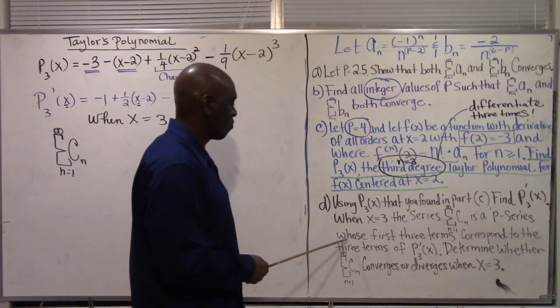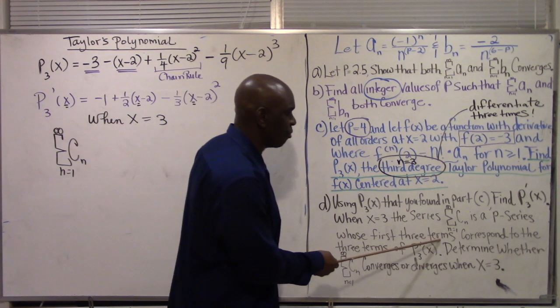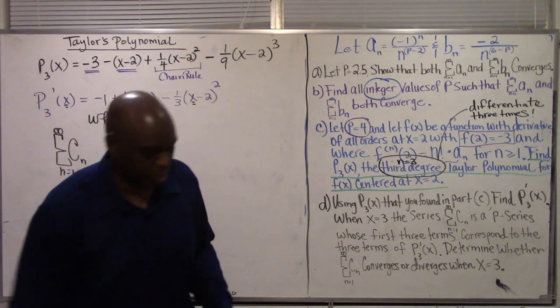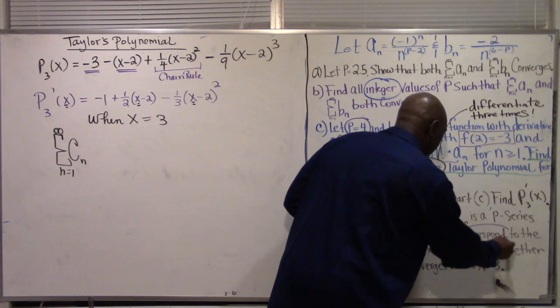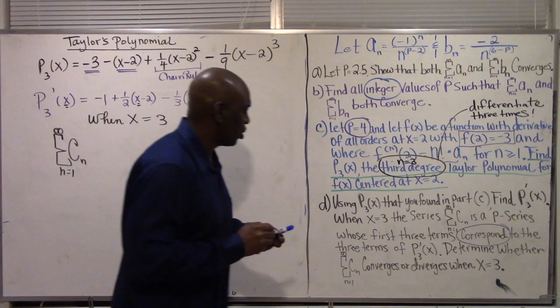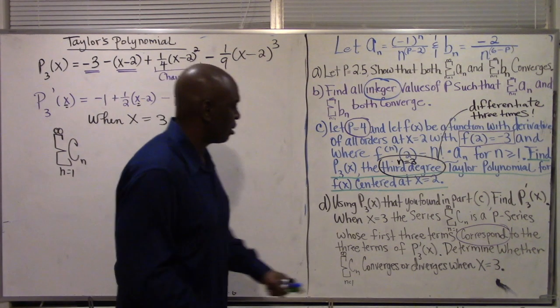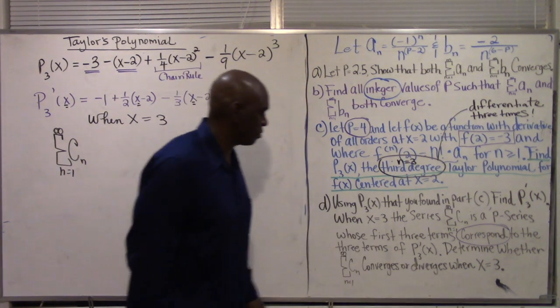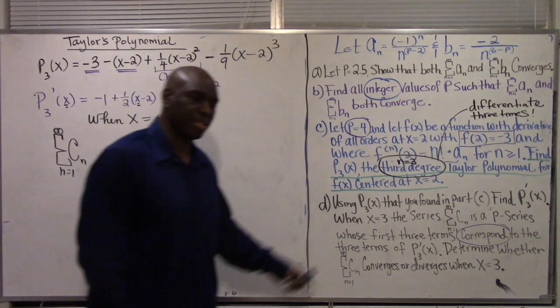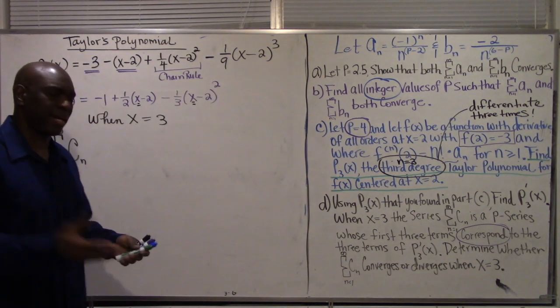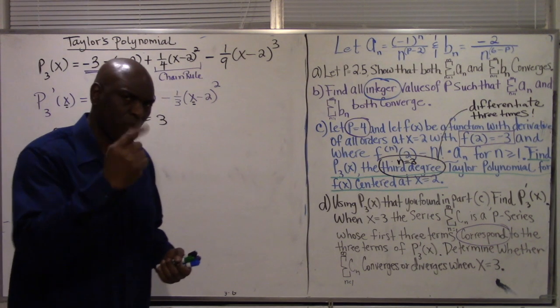Whose first 3 terms correspond, that's the key word, correspond to the first 3 terms of the polynomial. Determine whether the series converges or diverges. Alright, come on a little bit closer. Watch this.